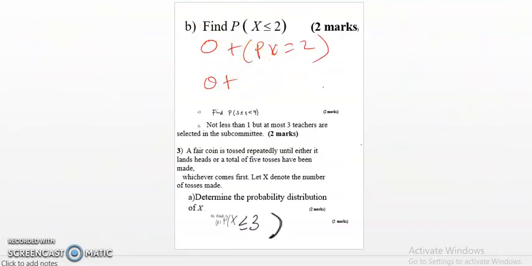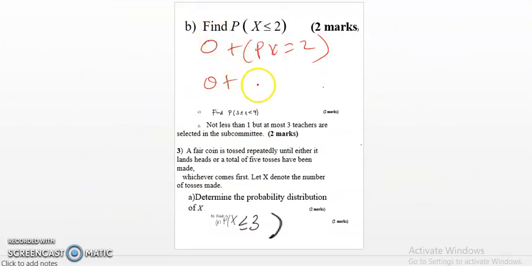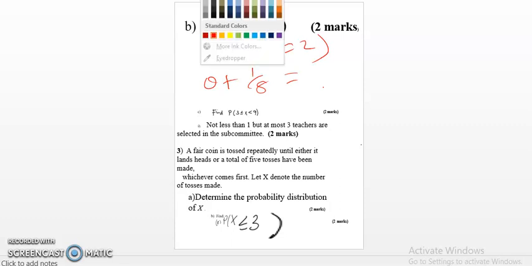So the probability when x is less than or equal to 2 is 1/8, which is 0.125.